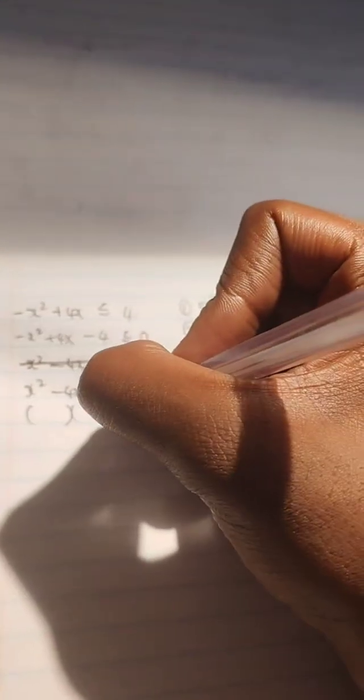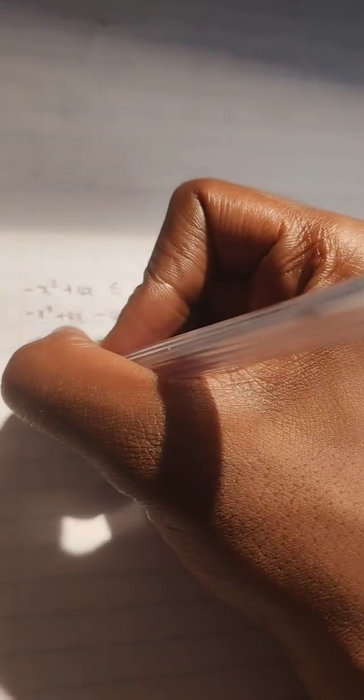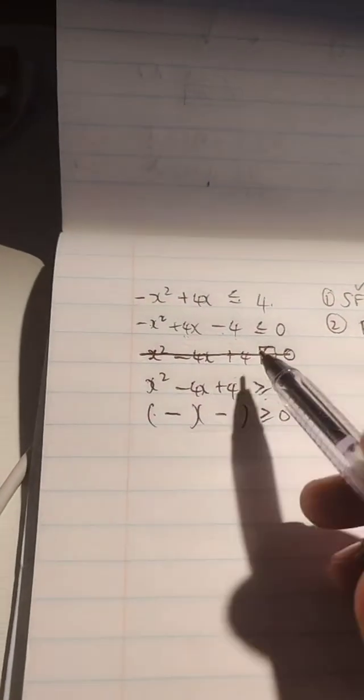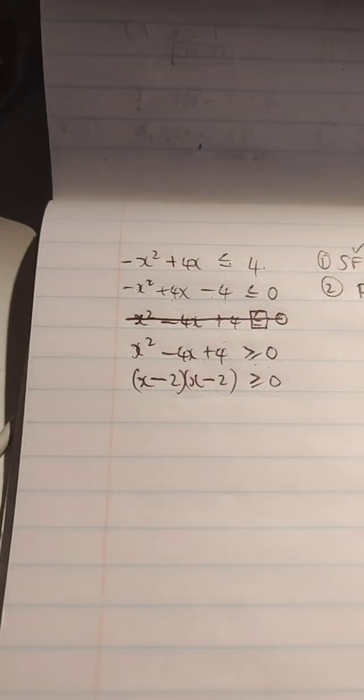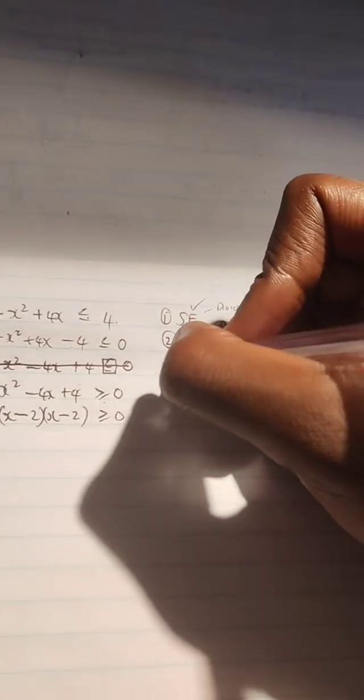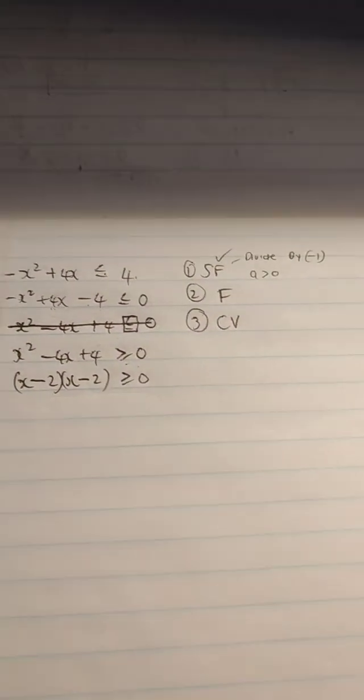So we are going to open two brackets, greater than or equal to 0, and we say same signs, according to the sign of the middle term, so negative and negative. Factors of 4 are 2 and 2, and then x squared, x and x. Then factorization has been done. Next, critical values.